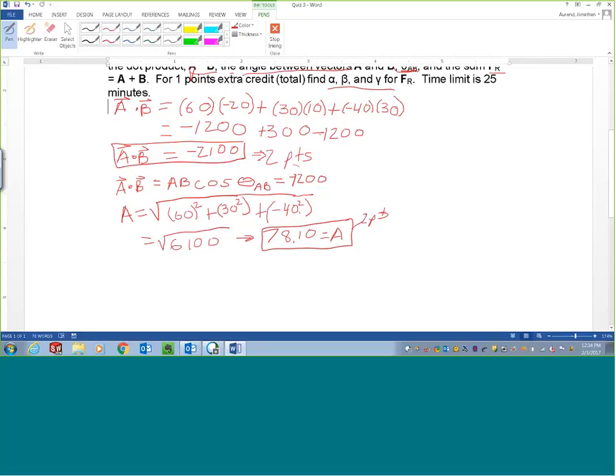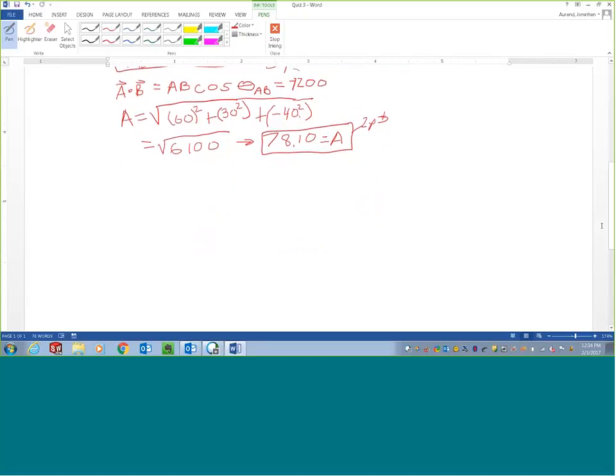All right. Continuing to move this down a little bit, we'll find the magnitude of B, in similar fashion. So B equals the square root, what do we have there? We have negative 20 squared plus 10 squared plus 30 squared.